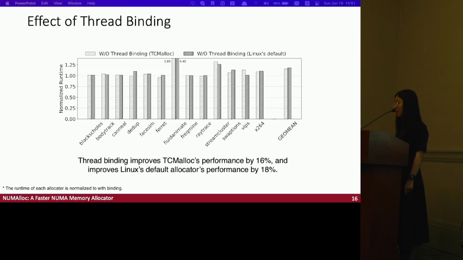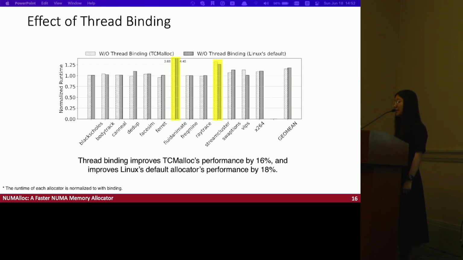So we evaluate thread binding on TCMalloc and the Linux default allocator. The figure shows how much slowdown we will get if we disable thread binding. As the figure shows, thread binding significantly improves the performance of some applications, such as fluidanimate and streamcluster, and it does not hurt the performance of other evaluated applications.